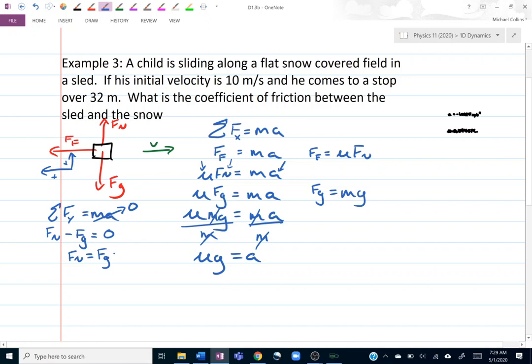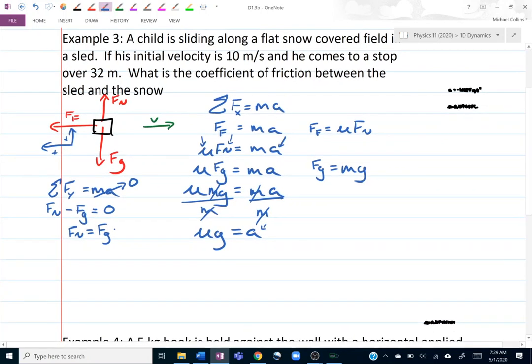I still don't know what my acceleration is. But I do notice that in the question, they give us enough kinematics details that I can find the acceleration using kinematics. I have an initial velocity, which is 10 meters per second, and I've decided that to the left is positive, so my velocity is going to be negative, because it's to the right, negative 10 meters per second.